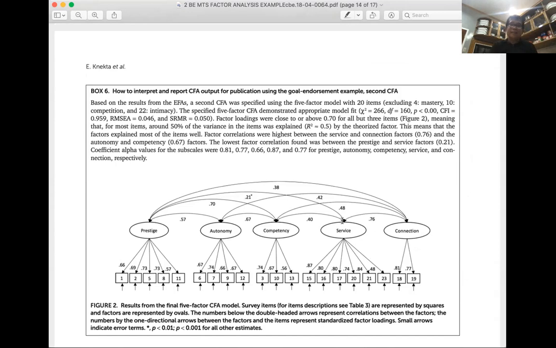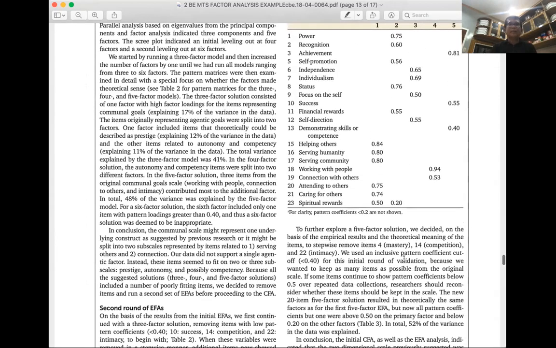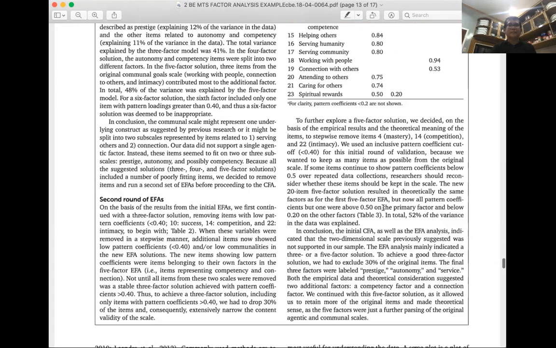Then the next factor is service. So we have 15, 16, 17, 20, and 21. Service: helping others, serving humanity, serving community, attending to others, caring for others, spiritual rewards.